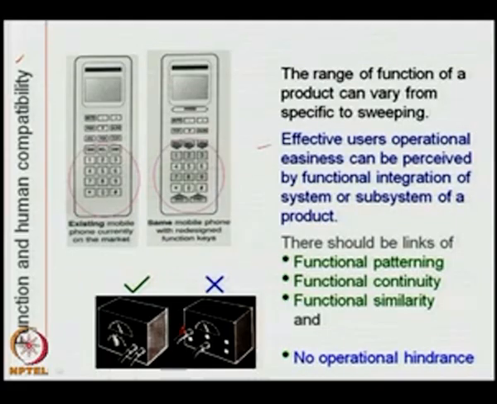Here the switch has some problem and the visual also has some problem. So, we can say it is not okay; no operational hindrance should be there while making the layout pattern.